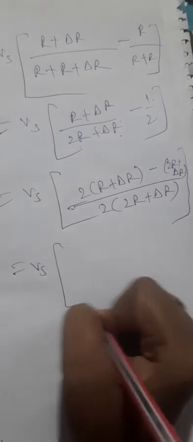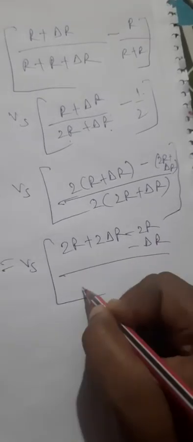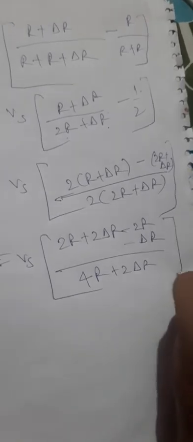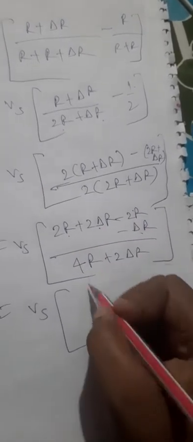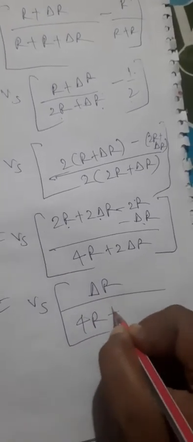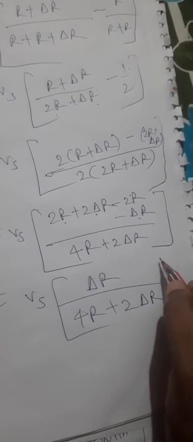If we solve this, in the denominator we have 2 into 2R plus delta R. So 2 will be multiplied in that side: 2 into R plus delta R, and 2R plus delta R will be multiplied with 1, so minus 2R plus delta R. So V supply into 2R plus 2 delta R minus 2R minus delta R, divided by 4R plus 2 delta R. The 2R minus 2R cancels. 2 delta R minus delta R is delta R, divided by 4R plus 2 delta R, into V supply.